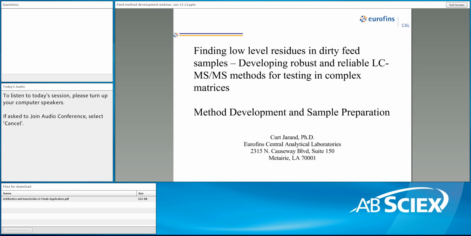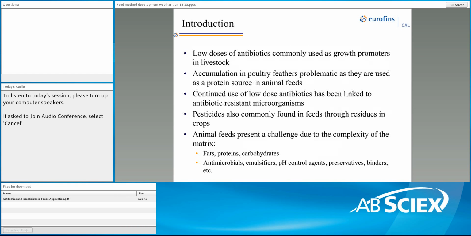So I'm going to go ahead and get started and give you a quick overview and introduction to why we're concerned about this. Firstly, as I'm sure most of you are aware, low doses of antibiotics have been used as growth promoters in livestock for several decades now. As a result of this, there's been accumulation of these antibiotics in poultry feathers.